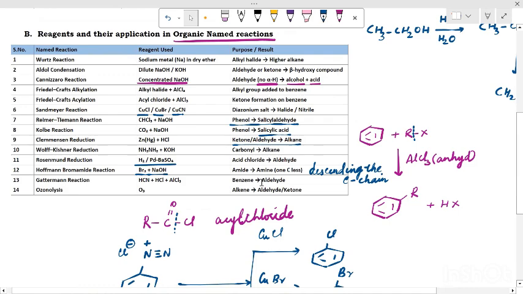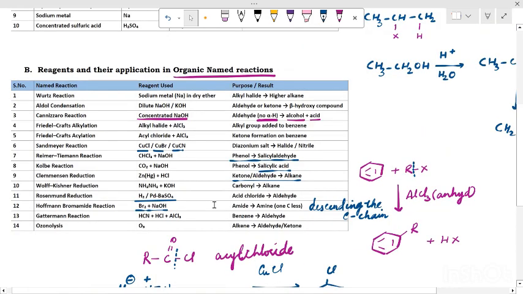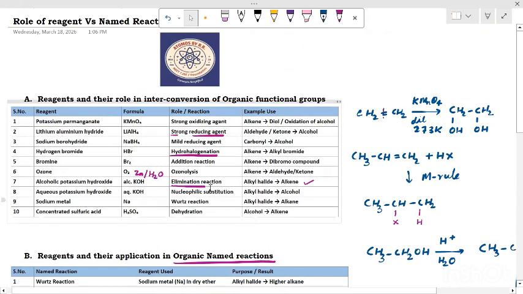So बच्चों, these are very important reagents. In my upcoming sessions, I will be taking detailed mechanisms of individual named reactions like Wurtz reaction, Aldol, Cannizzaro and likewise. हम इनके detailed mechanism step by step जो process है वो देखेंगे, intermediates कौन है वो देखेंगे, और उस पर हम कुछ questions आपको और practice कराएंगे, so that you can excel in the NEET and JEE examinations and you can perform much better and score in a good way, so that आपको MBBS government seats मिल जाए through NEET, या आपको different IITs में selections मिल जाए.